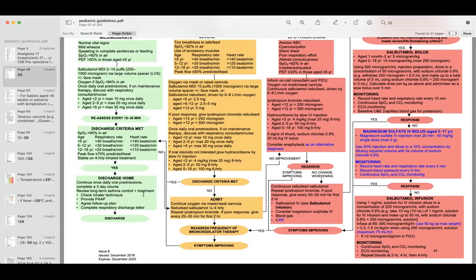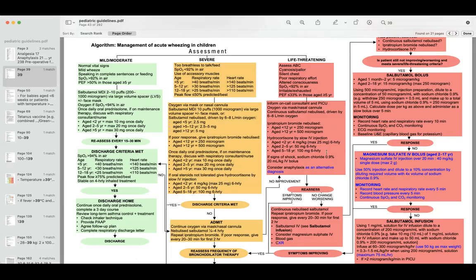So mostly in the exam, in the video station, you may get either acute severe asthma or life-threatening asthma. So they may ask you what steps you take to treat. So we should know the difference here. For severe asthma, it is just as I said now. But for acute life-threatening asthma, you will start with continuous salbutamol nebulization from the beginning.